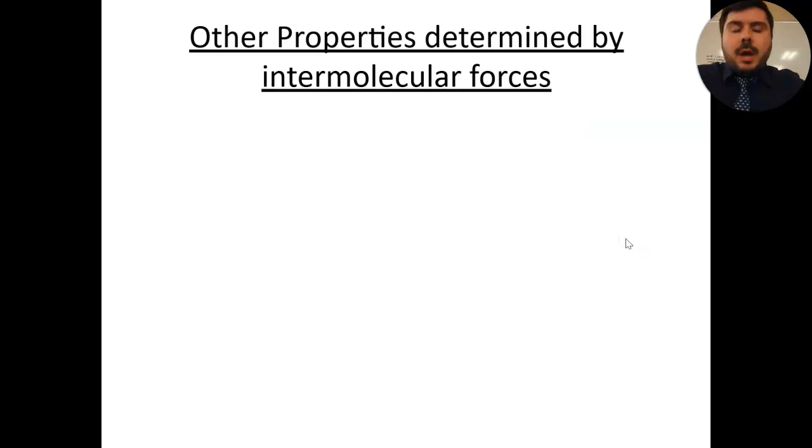All right, so we're going to partially continue our talk on intermolecular forces by discussing some properties that you can more visually see. To a degree, it's difficult to really visualize these different intermolecular forces. We talked about dispersion forces, the really weak forces that hold all molecules together.